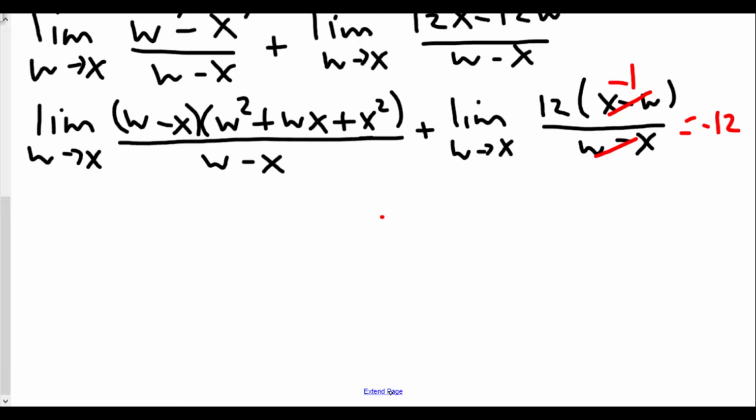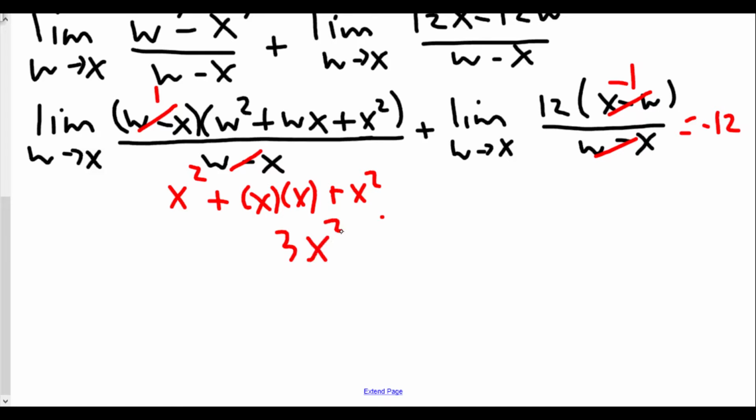For the other one, the w minus x divides out. As w approaches x, this just becomes x squared plus x times x plus x squared, which is really 3x squared. So 3x squared minus 12, the same thing we got before.